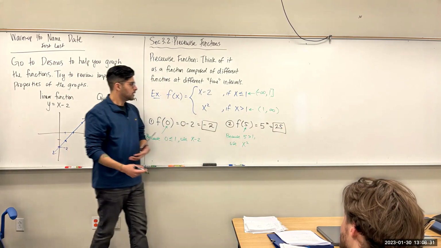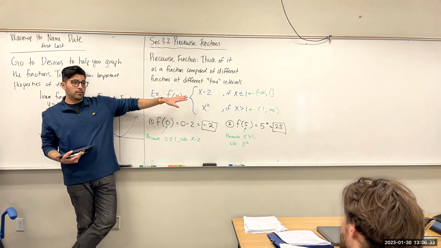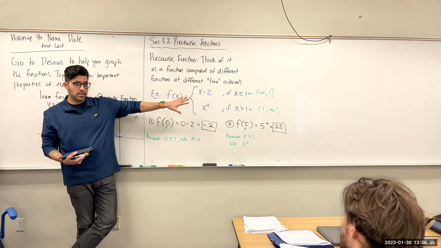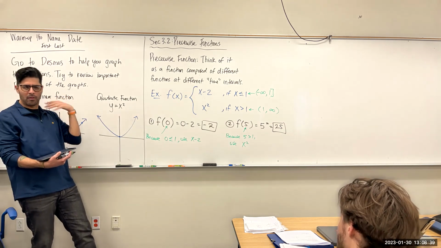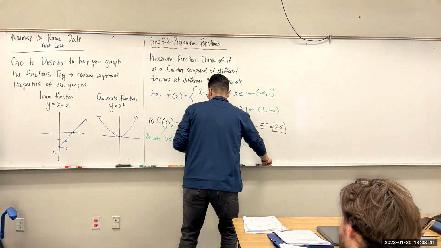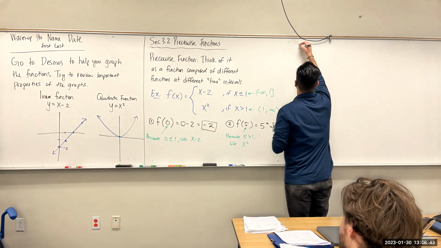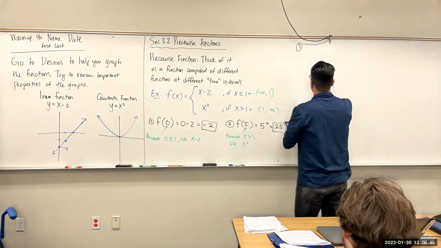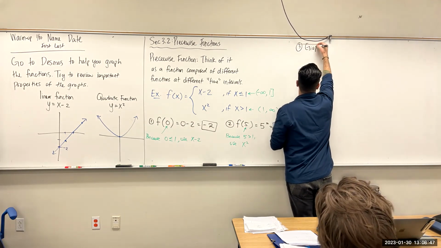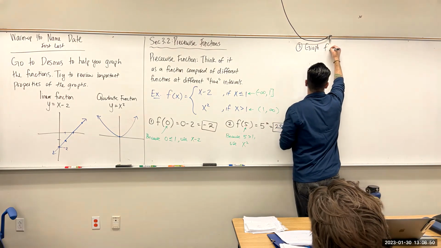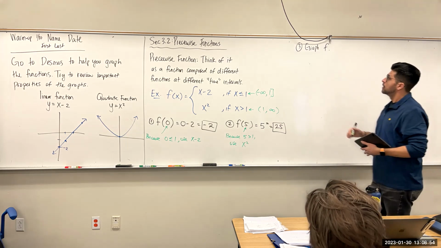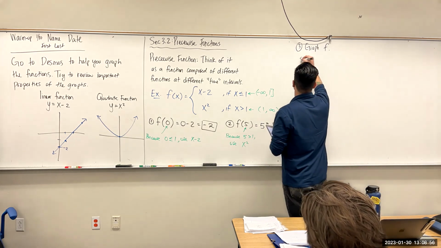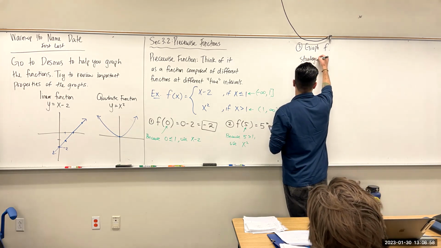Okay? The harder part of piecewise functions is graphing them. And that's why I had you do this, so you can quickly remember what those graphs look like. So for number 3, let's say you're being asked to graph f. And so here's the strategy that you're going to be using.